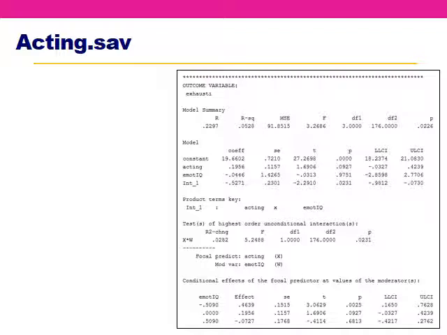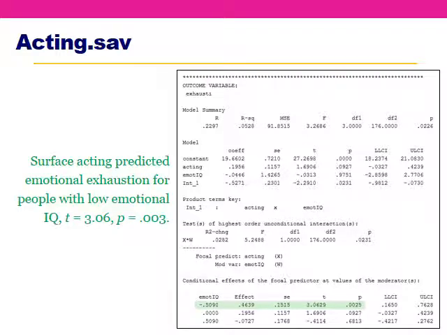We have a row for people who are low in emotional intelligence, a row for people who are average in emotional intelligence, and a row for people who are high in emotional intelligence. So for people who are low in emotional IQ, there was a significant positive relationship, that higher levels of surface acting produced higher levels of exhaustion.